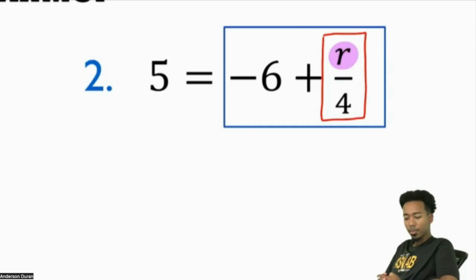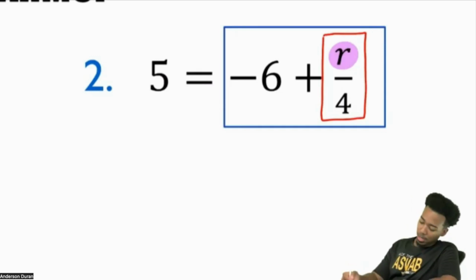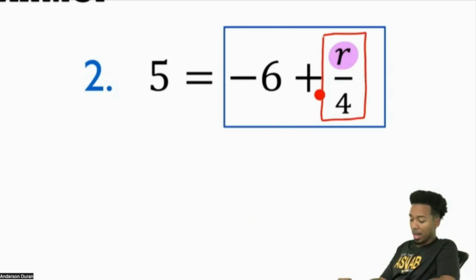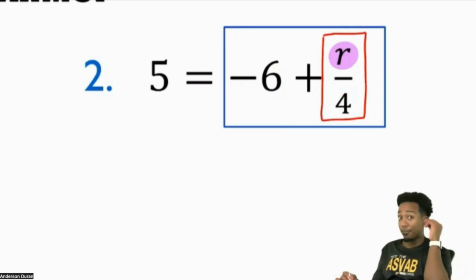Okay. I'm hearing you guys out. I see y'all. So the thing is, it's going to be adding 6, because if you take a look, that 4 is all the way inside here. I still got to pass through that -6 to get all the way inside the box. If I'm trying to get into this box to get to the R, notice if I get into here, I got that -6 in the way. When I get in here, then there's the 4. So if I mapped it out going forward, divide by 4, then -6.